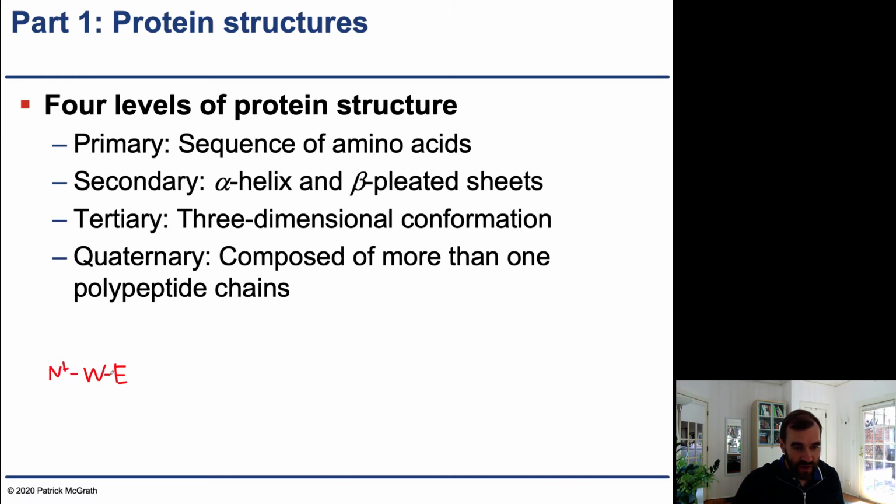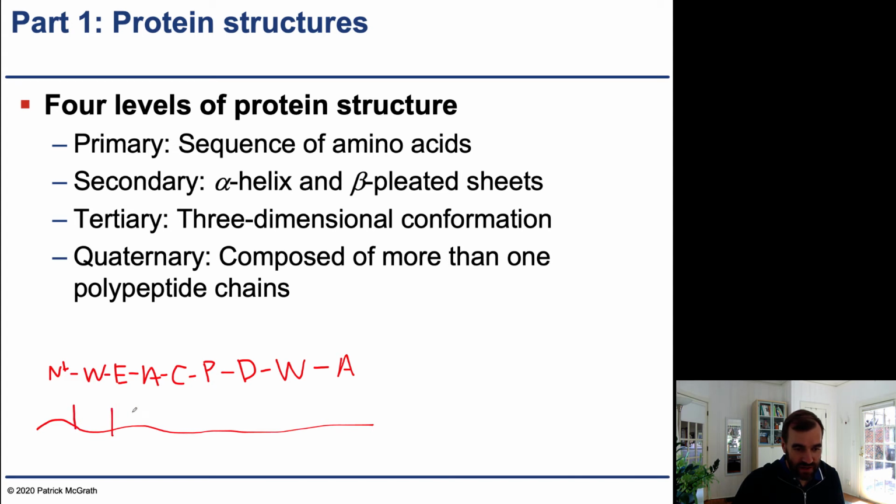And then you would have a tryptophan, a glutamic acid, an alanine, a cysteine, etc. So you can simply write all of these amino acids in their sequence. And of course, this sequence is determined by the mRNA.